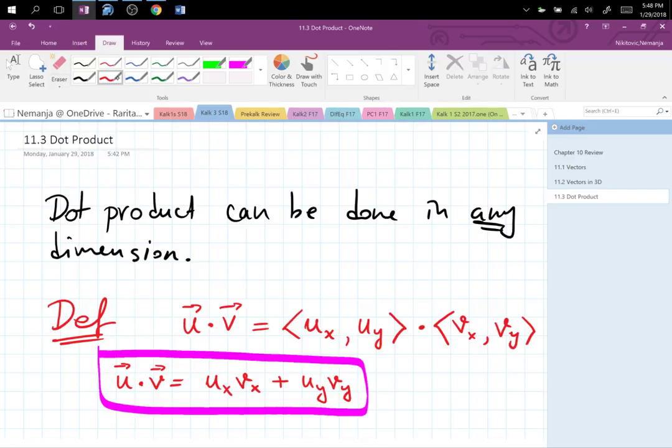So I'll just put here a 2D version. And as you can see, you are multiplying the x component with the x component and the y component with the y component, and then you are adding all of that together. The answer is always a number. You know that 3 times 5 is 15, which is a number.